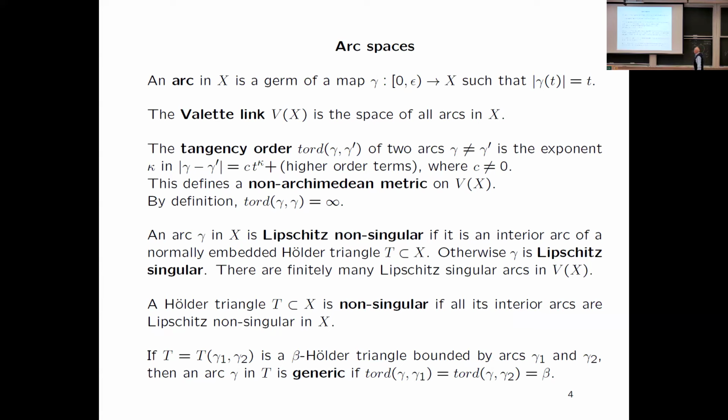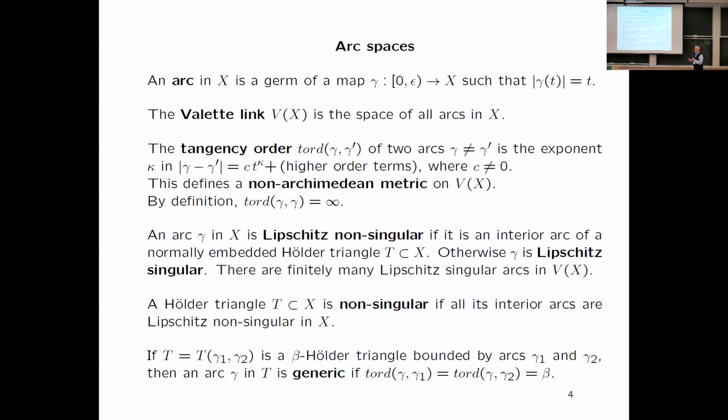And our building block, again, is a Hölder triangle, which is something Lipschitz equivalent to the standard Hölder triangle. It has one exponent, beta, and all our Hölder triangles should be non-singular.